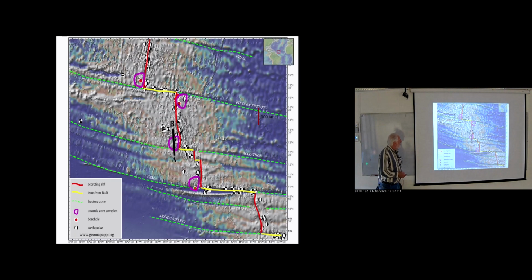This is a chart of the central Atlantic Ocean. Here you see the map, and this is the area I'm talking about. There are several transform faults and fracture zones. Let me refresh your memory. A transform fault is an active plate boundary between this plate and this plate.